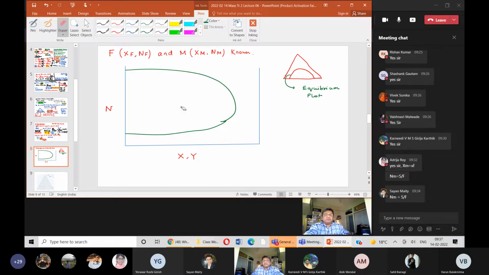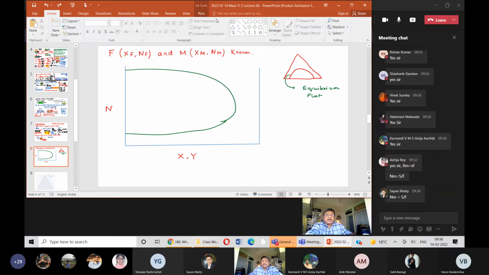You can refer to Treybal's book also. Sorry, I think I drew it quite well. You can look into Treybal's book also, but this will look something like this. And the tie lines, of course, will look something like this.